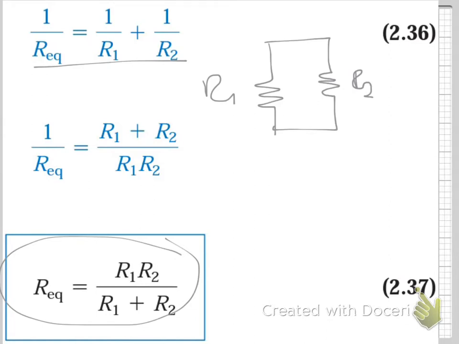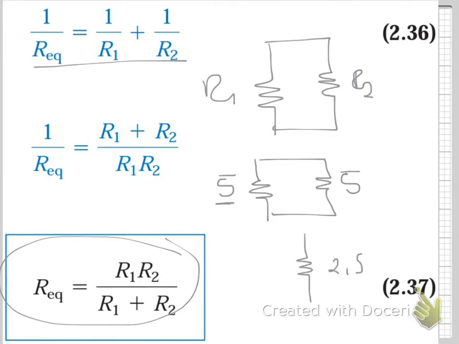And a quick tip, right? Let's say you had R1 equal to R2, right? So the equivalent resistance here is equal to half of the equal resistance. Because these are 5, your R equivalent is 2.5.